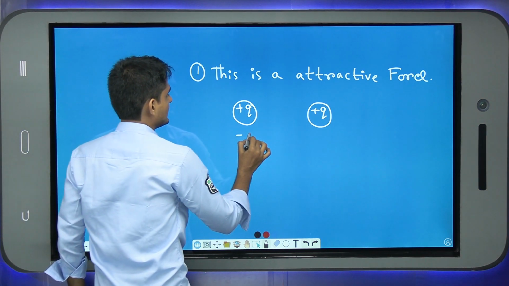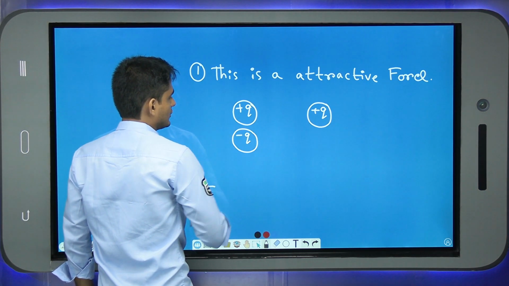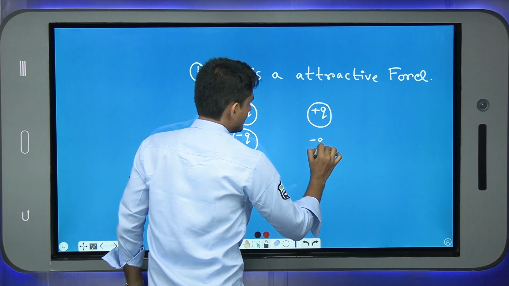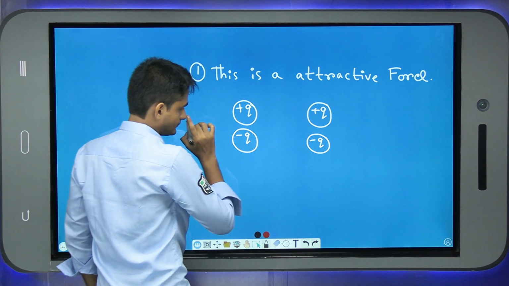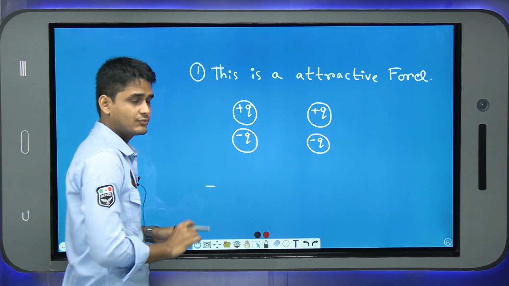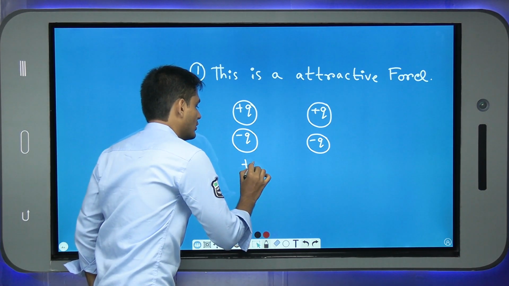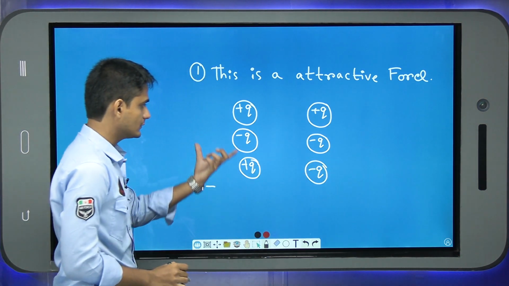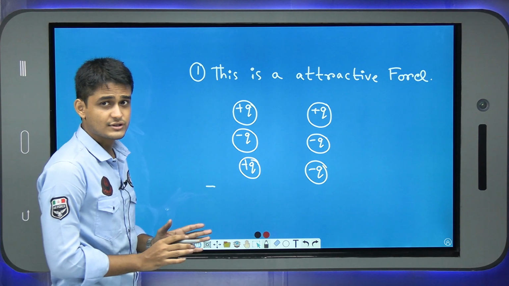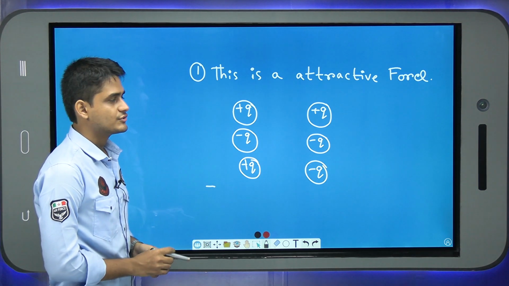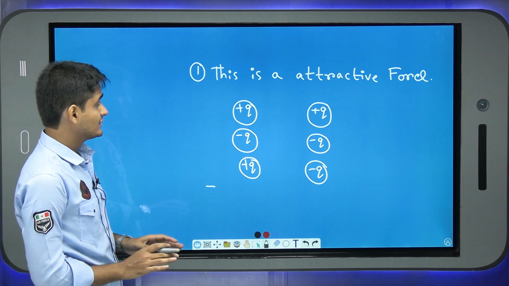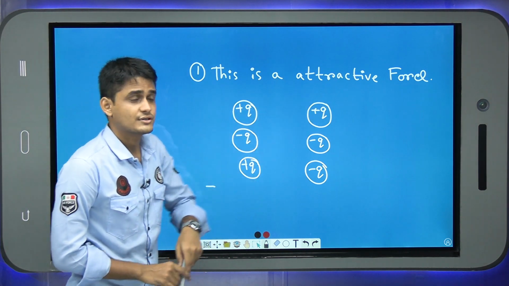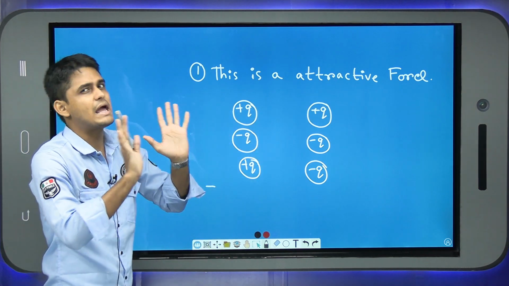Also, if there are two charges minus q, this is also a repulsive force, and if we have plus q and minus q, the two charges produce an attractive force. But the interesting thing is, gravitational force is only an attractive force.